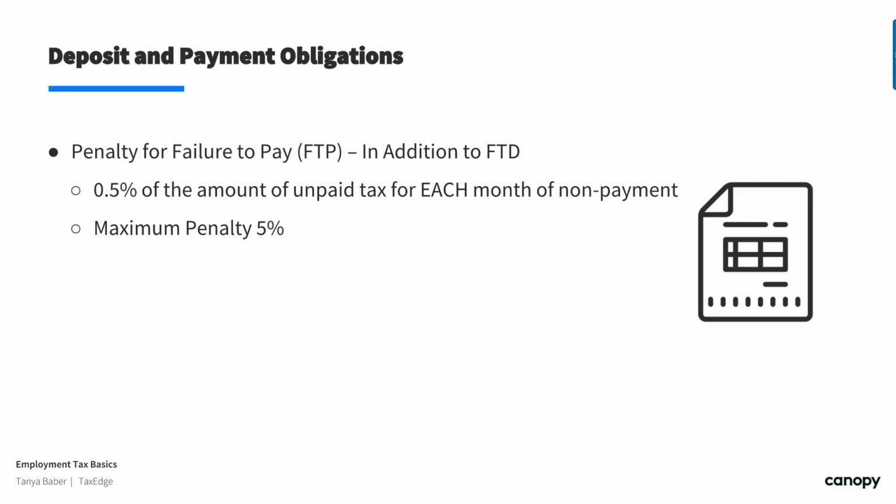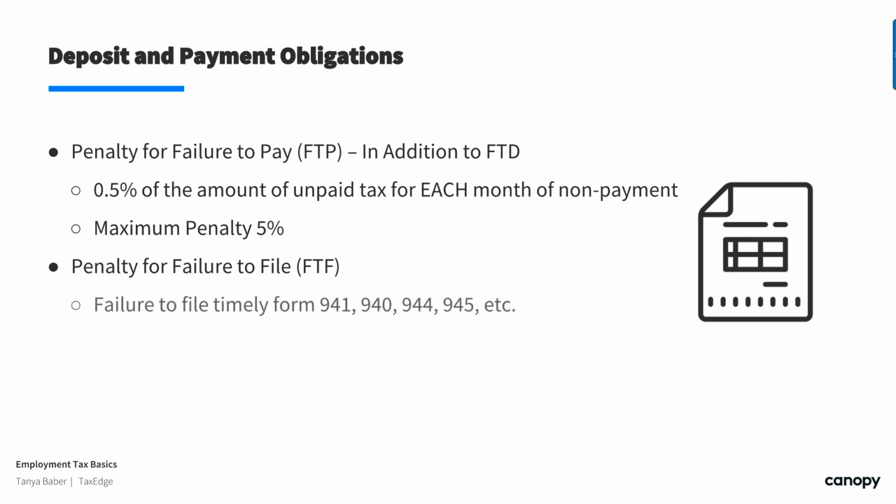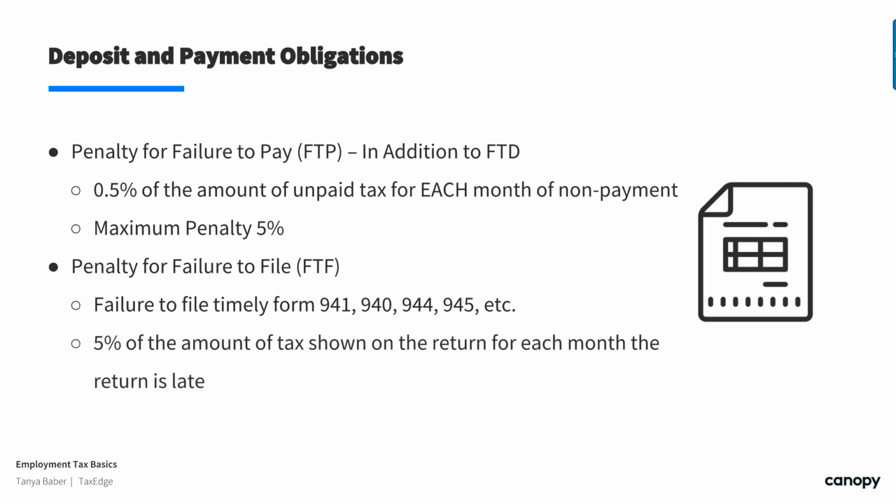And then just to add one more onto it, penalty for failure to file. You can tell they're really, really serious about employment taxes if they don't file that on time. So we're talking about our 900 series, our 941, our 940s, 944s, 945s. If they don't file that on time, 5% of the amount shown on the return for each month the return is late is going to be tacked on there.